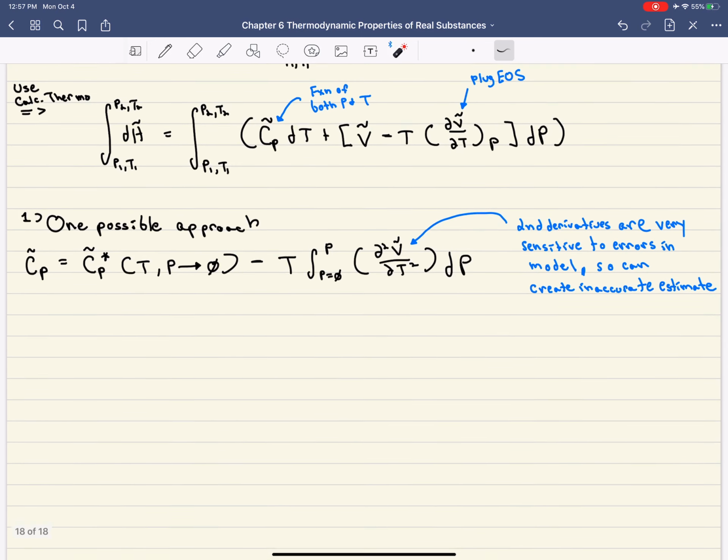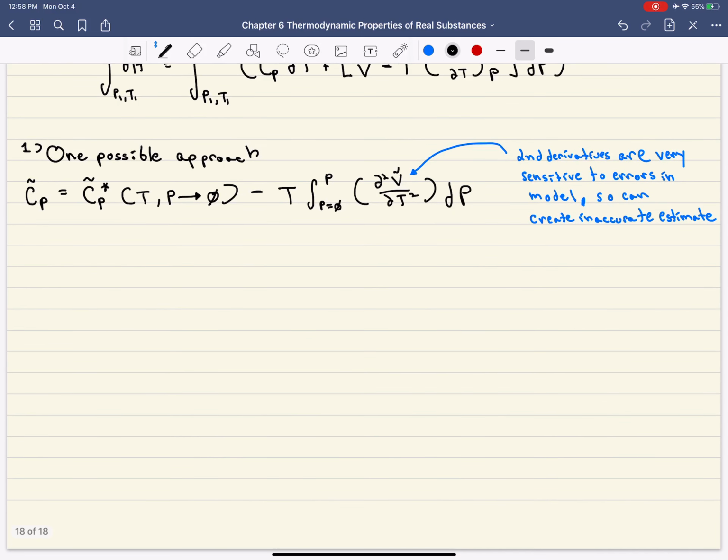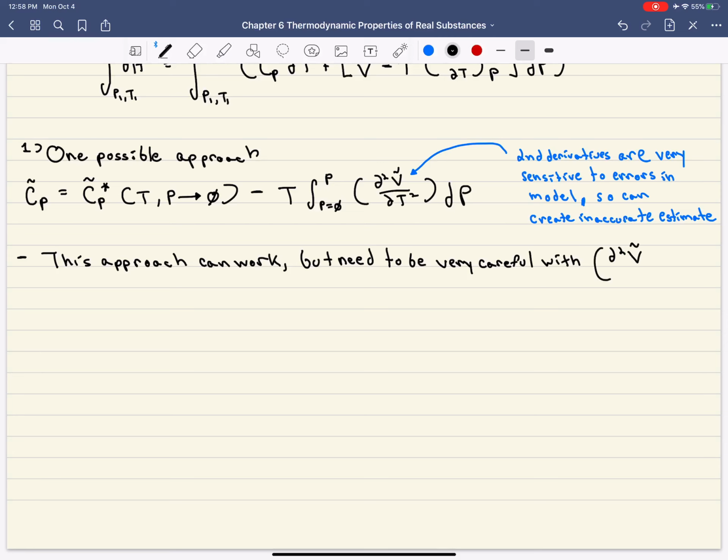I give that a little warning, but once again, this approach can work, but if you try it this way, you have to be very careful with the second derivative. If you're taking the second derivatives of things, any errors in the model will get amplified.